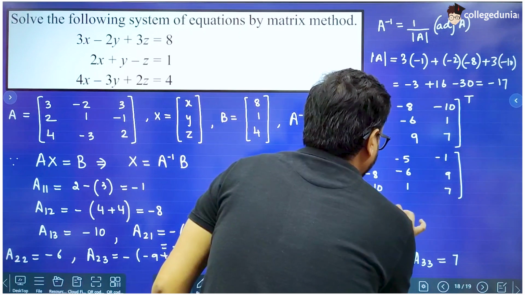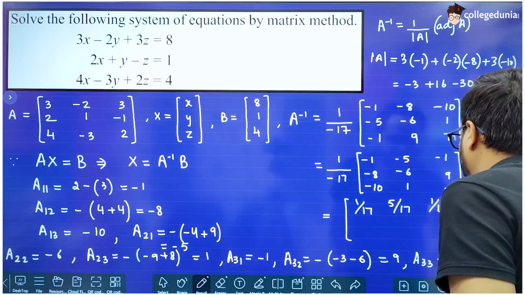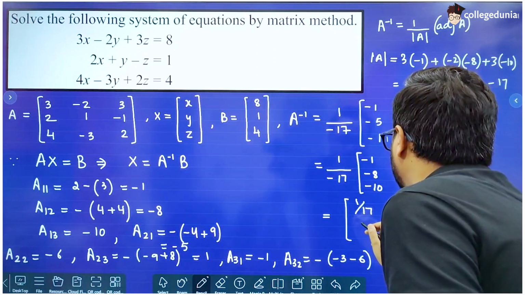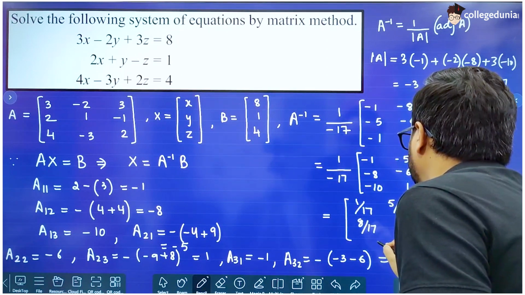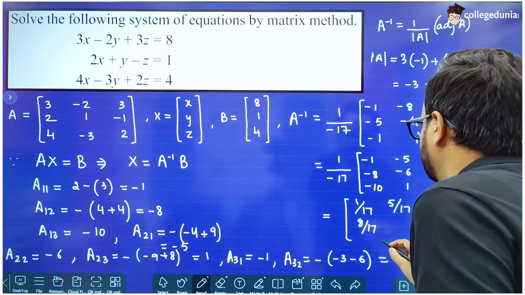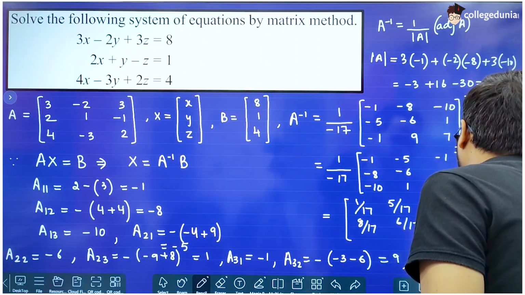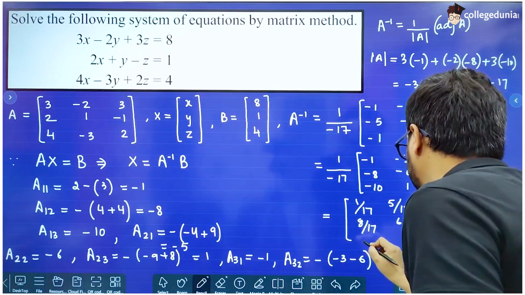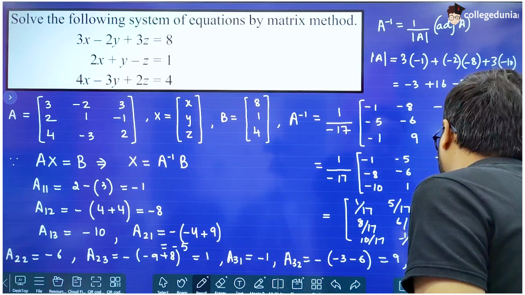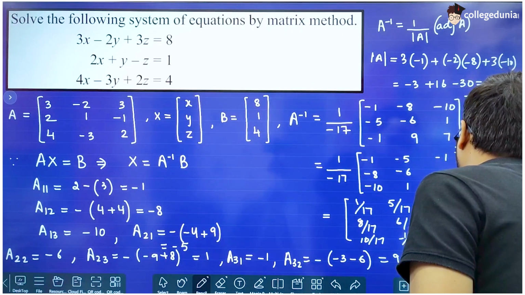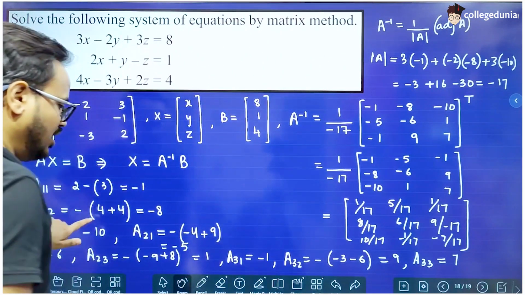So the entries are 1 by 17, 5 by 17, 1 by 17, 8 by 17, 6 by 17, 9 by minus 17, 10 by 17, 1 by minus 17 and minus 7 by 17. So this is A inverse.